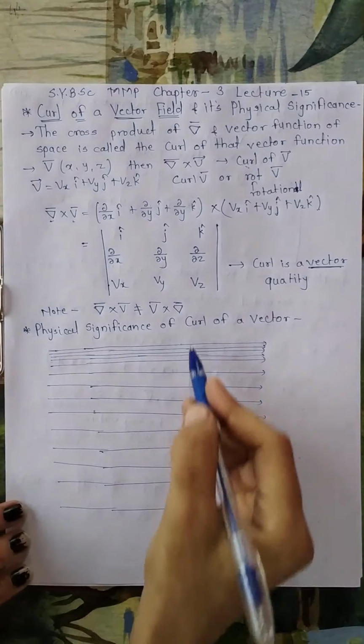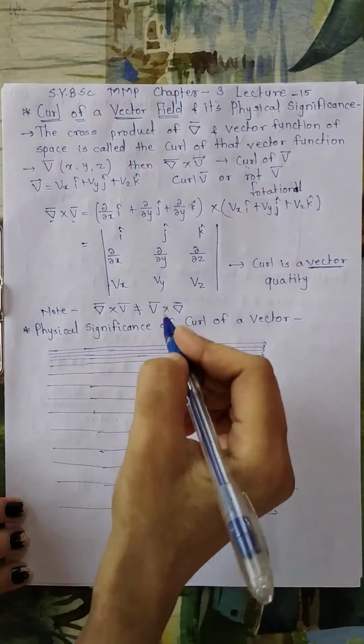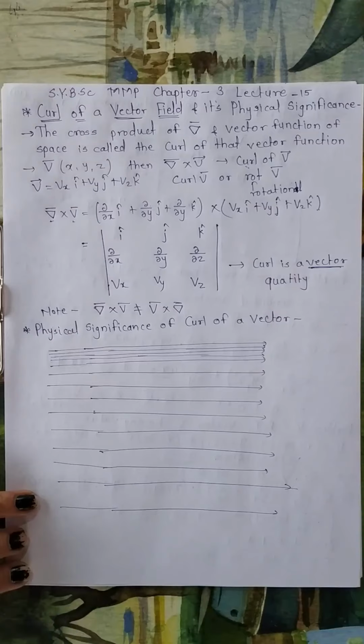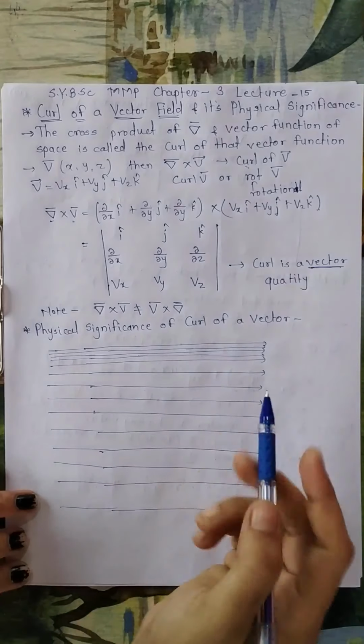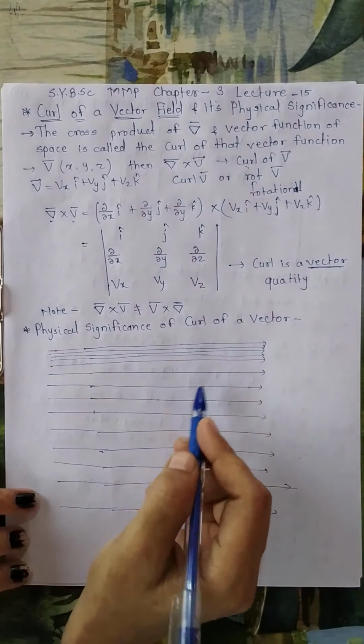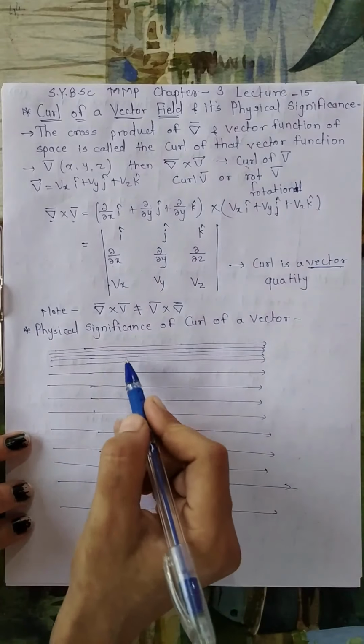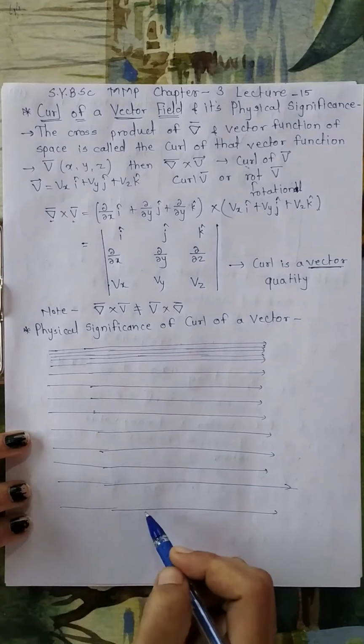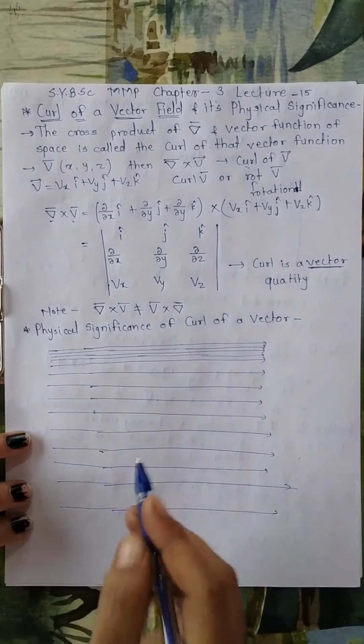So here I have drawn the vector field represented by lines of force, and these are nearly straight and parallel, and to represent that this is a changing field, I have not drawn these lines at the same distance. That means these lines are not equally spaced. The meaning of this is that our field is a varying field.